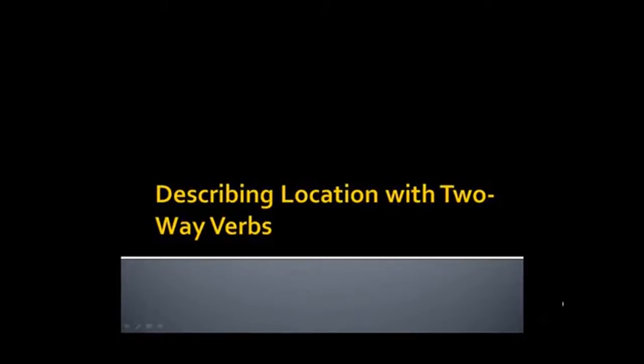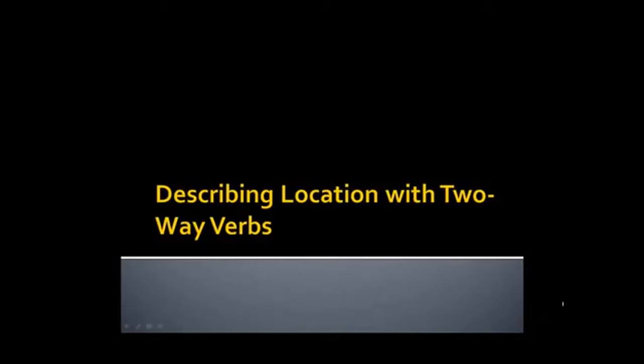Okay, we're going to be talking about describing location with what I term two-way verbs. This presentation is going to give a quick overview of two-way verbs, and we'll see that they can take either an accusative or dative object, depending upon whether they express, like two-way prepositions, location or movement.